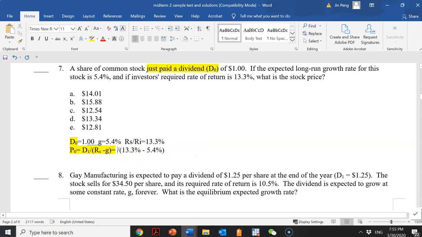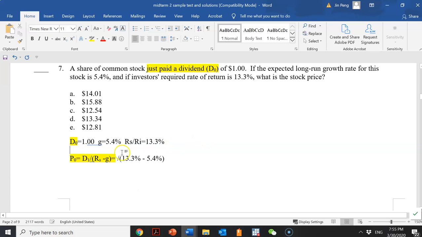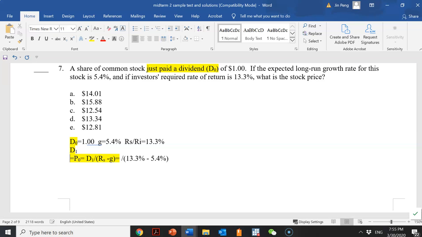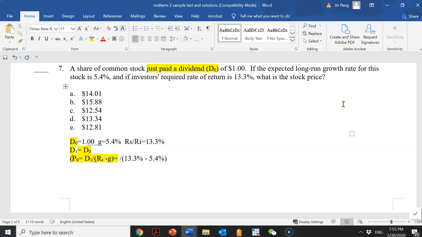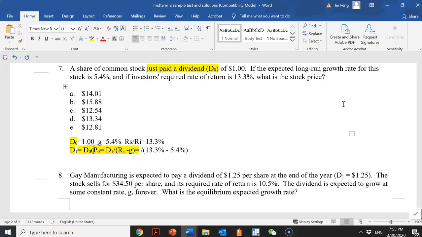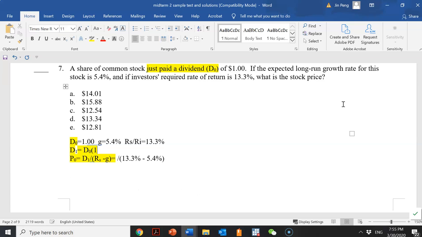What is D1? So I need to solve for D1 first. D1 equals D0 multiplied by 1 plus G. So it's $1 multiplied by 1 plus 5.4%.